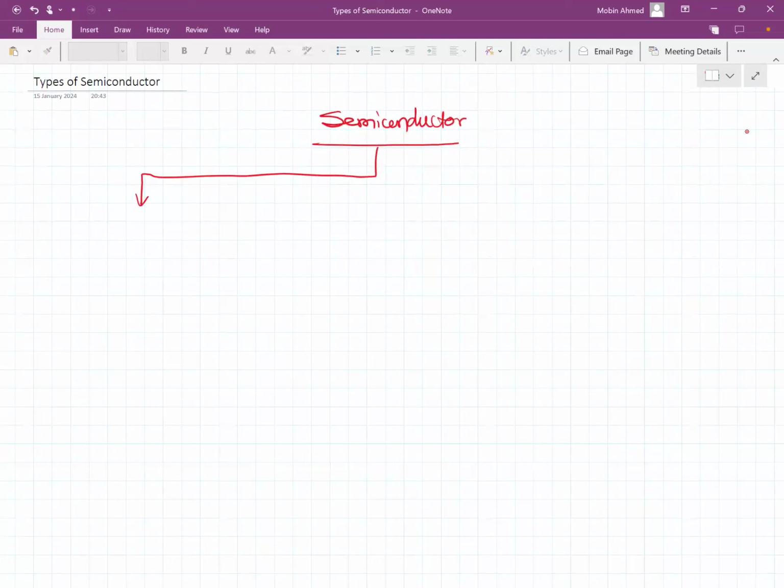One is known as a pure semiconductor, also known as an intrinsic semiconductor.